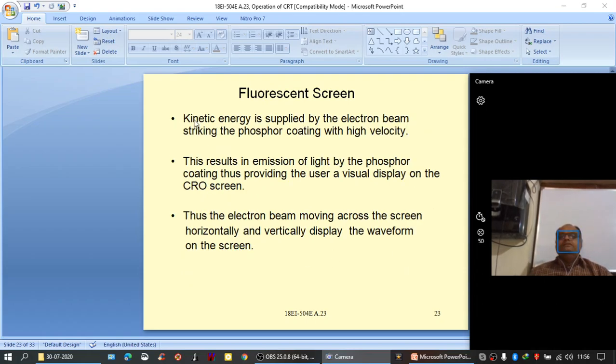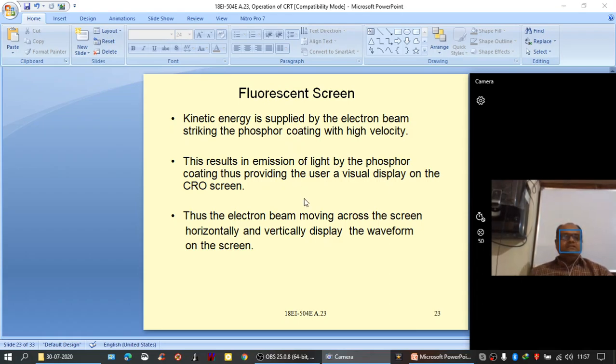Why? Kinetic energy is supplied by the electron beam striking the phosphor coating with high velocity. So kinetic energy is supplied by the electron beam to the phosphor coating.